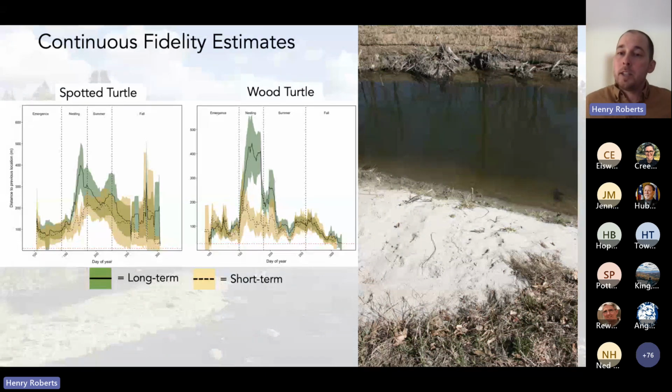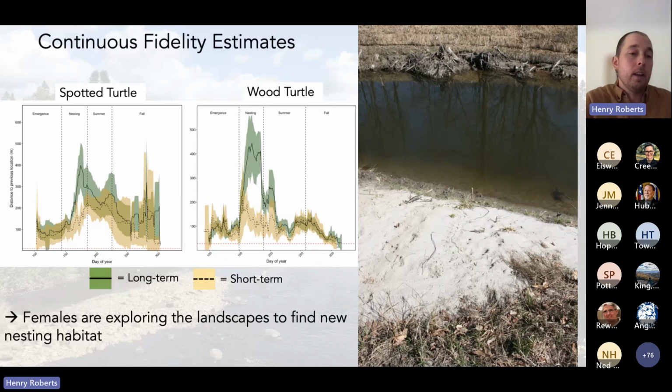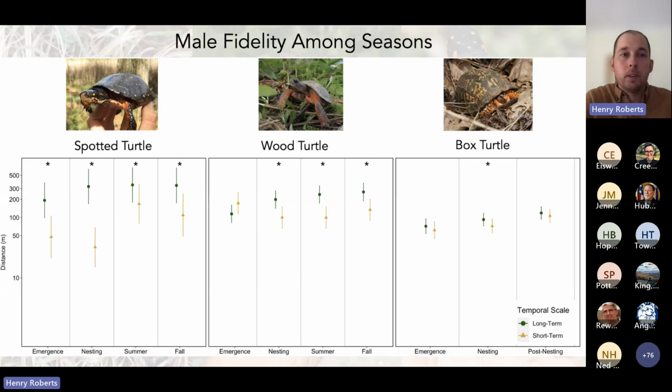But over time, vegetation colonizes and renders it unsuitable for nesting, and so females have to, again, find nesting habitat on the landscape. So these results suggest that we're catching the temporal scale of turnover in nesting habitat, and really suggest that females are, on this time scale, exploring the surrounding landscape to find new nesting habitat. So I think it has interesting management implications that I'll go over in following slides.